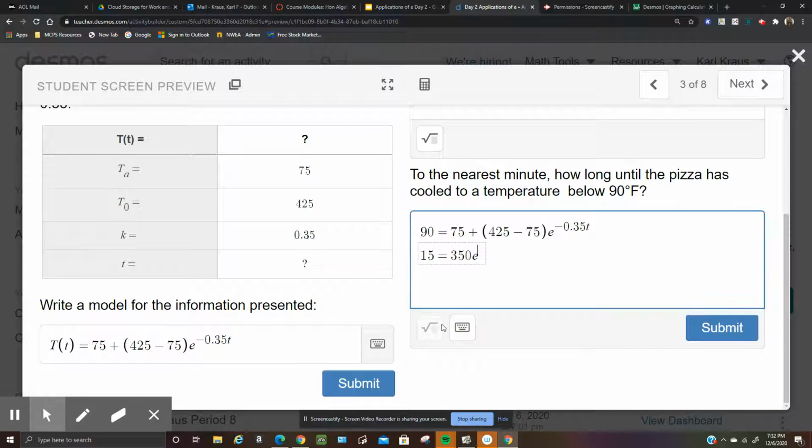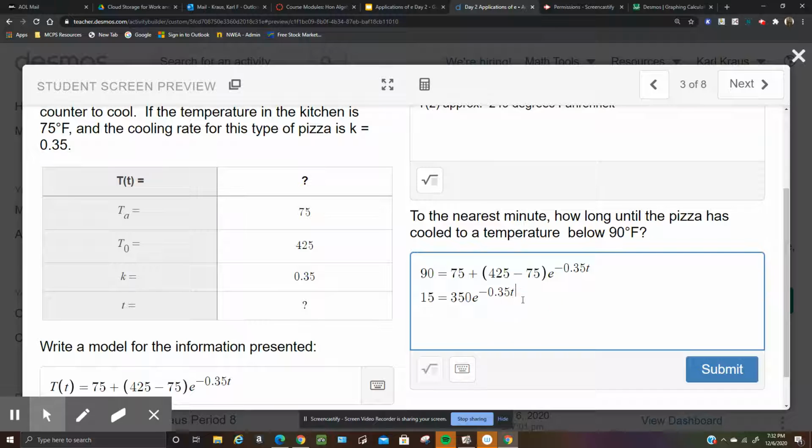The exponent negative 0.35 t, and then divide by 350.